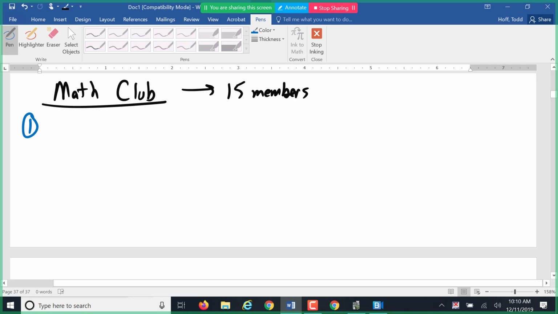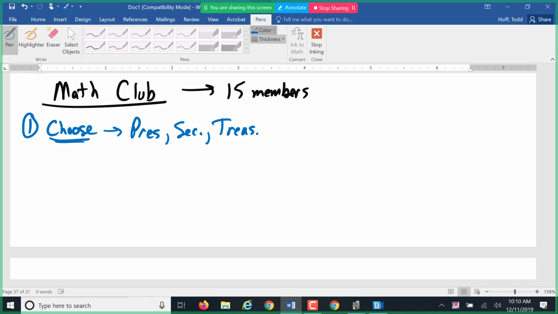For our first example, we need to choose from those 15 members a president, secretary, and a treasurer. And we're going to choose them in that order. President first, then secretary, then treasurer.